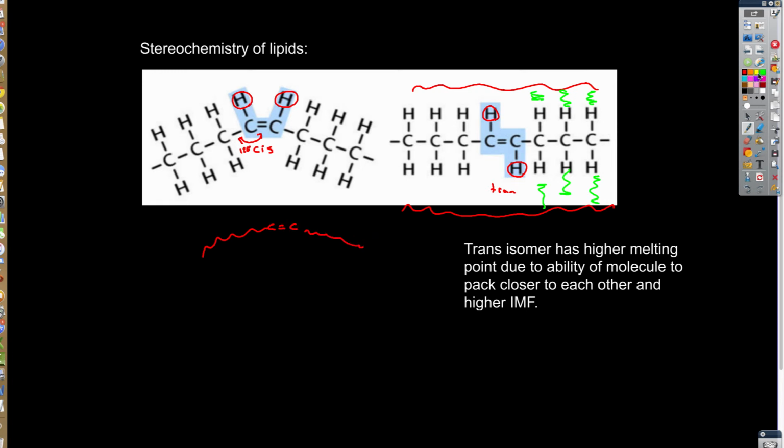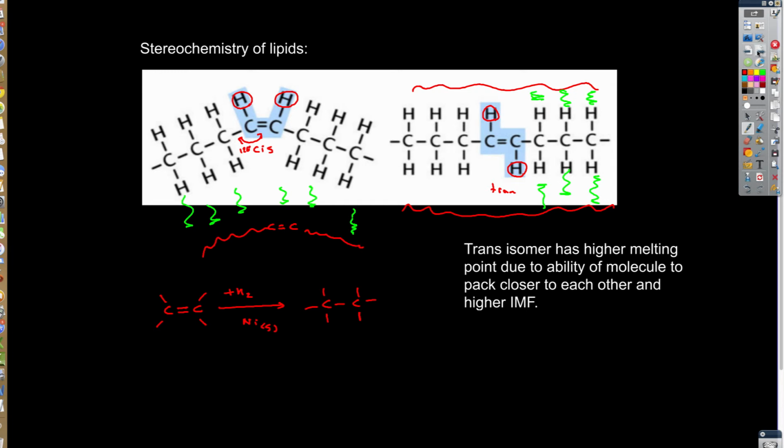Therefore, the London dispersions are not as strong as the trans version, and you have a lower melting point in that case. Now, if you also recall from organic chemistry, we can add hydrogens to the double bonds. Electrophilic addition, when you have a nickel catalyst, you add hydrogens, you can saturate this, and the double bond turns into a single bond.